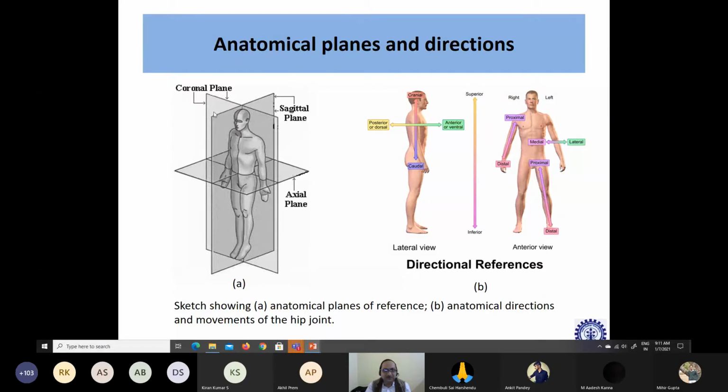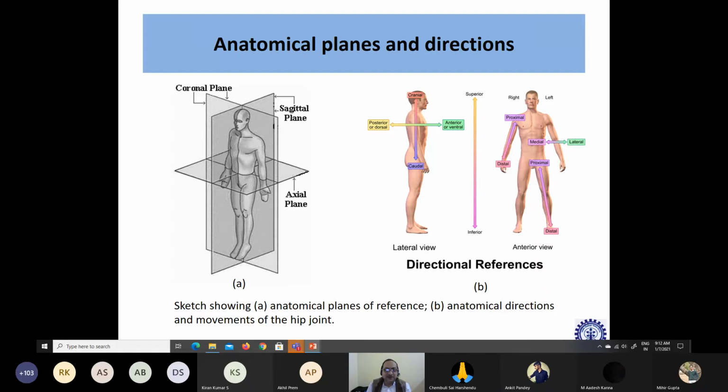So you have the coronal plane, and you have the axial plane. Axial planes are sort of slices, so we have the CT scan made in axial planes, for example.